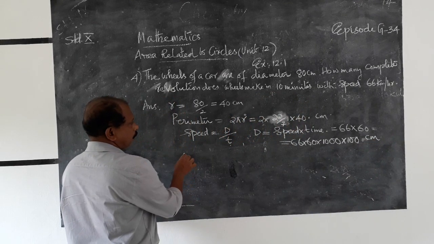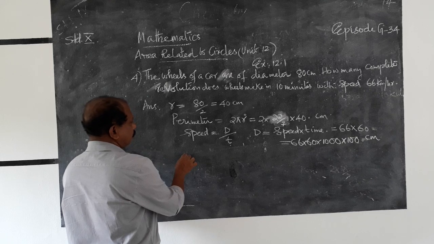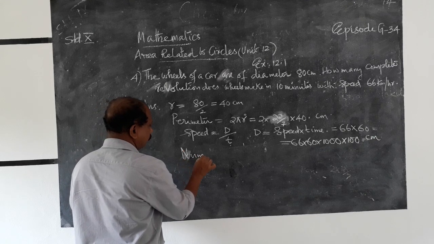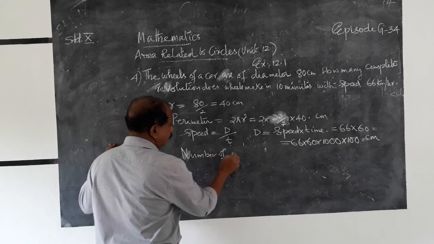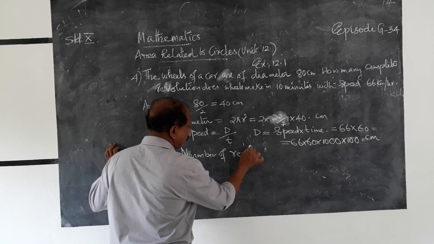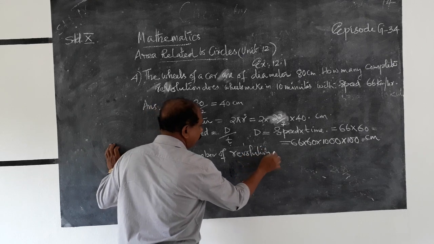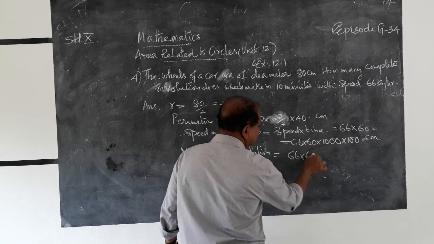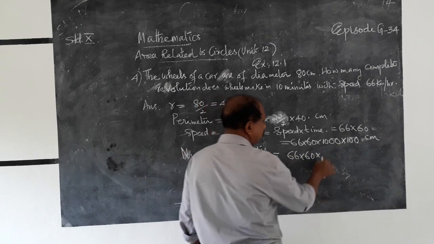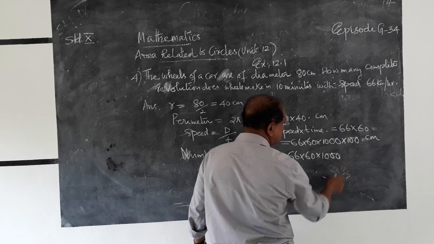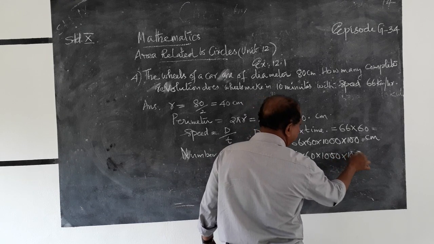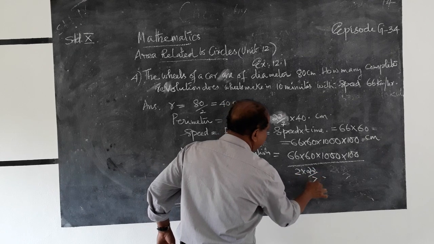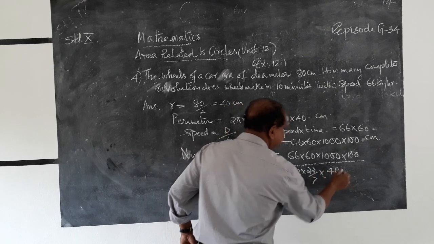Therefore, the number of revolutions is equal to 66 into 60 into 1000 into 100 by 2 into 22 by 7 into 40.